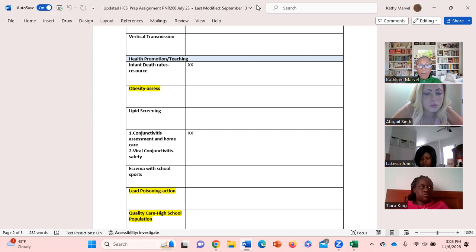So you're going to get asked a question about how do you assess obesity? A question about lipid screening. A question about conjunctivitis assessment and home care. Viral conjunctivitis safety. Infant death rate resource. So where do we get infant death rates? What's the resource?